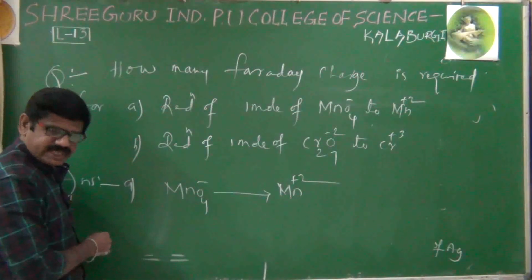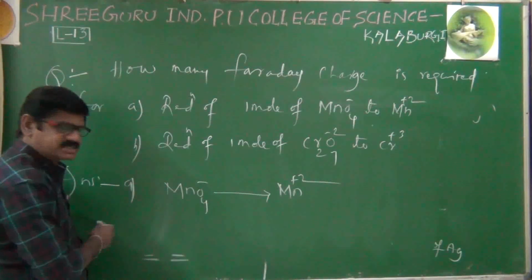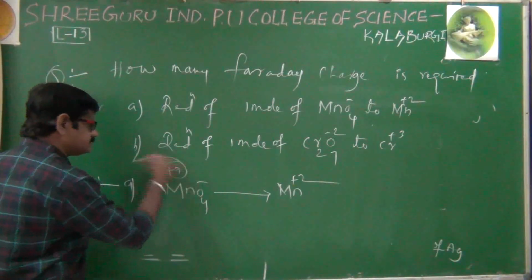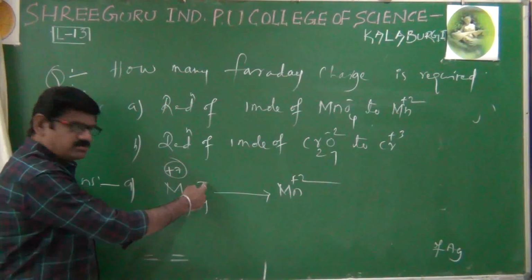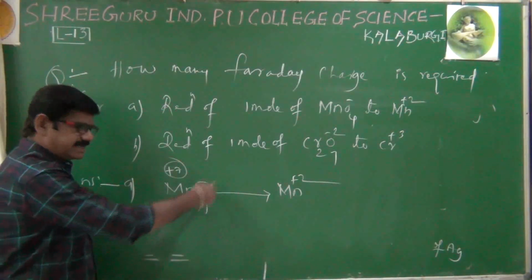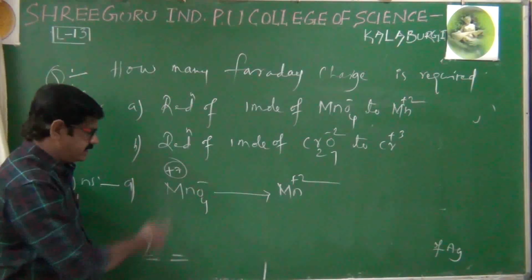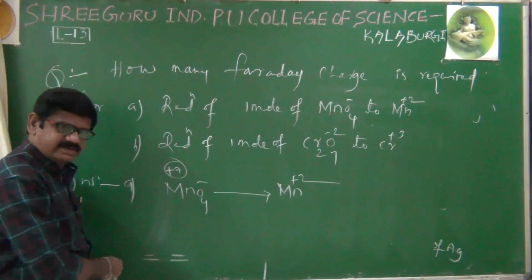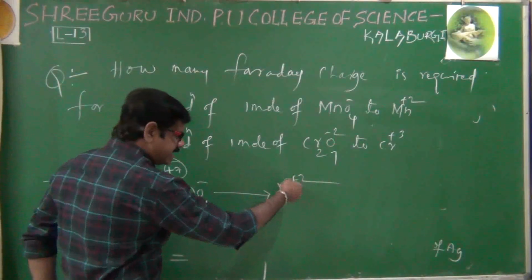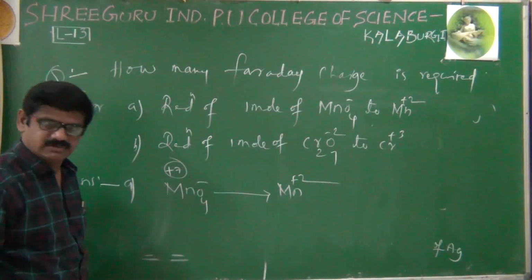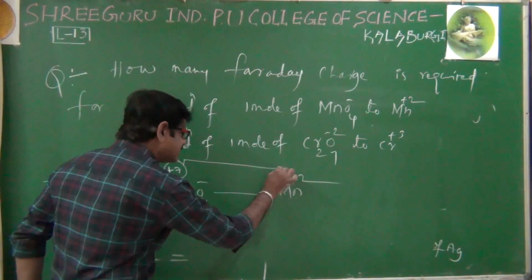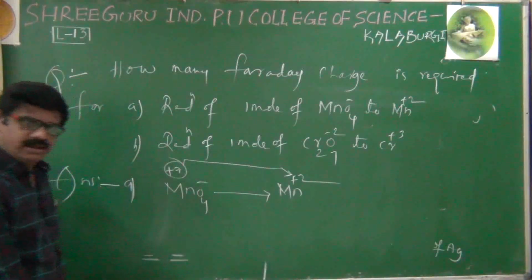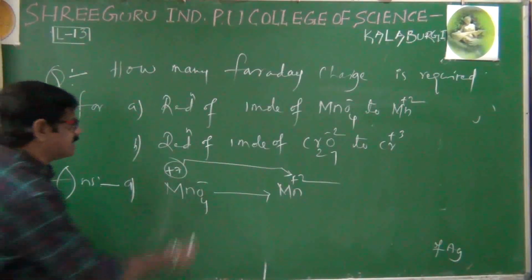In MnO4 minus, the manganese oxidation state is plus 7, because if we take x minus 8 equal to minus 1, x equals 7. Manganese oxidation number is plus 7, and here the manganese oxidation number given is plus 2. Plus 7 converted to plus 2 is definitely a decrease in oxidation state, nothing but reduction.